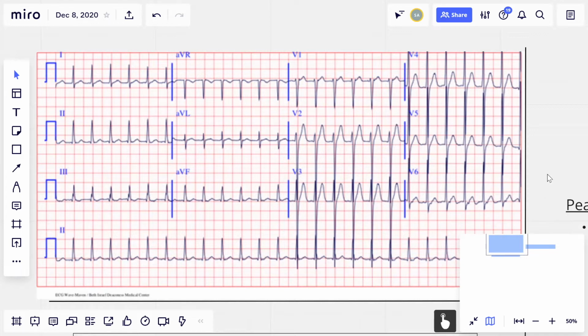Honestly, just based on looking at that, in leads V2, V3, all the way to about V5, I do see hyperacute T waves, and it's difficult for me to assess if there's any ST elevation just due to the rapid rate.